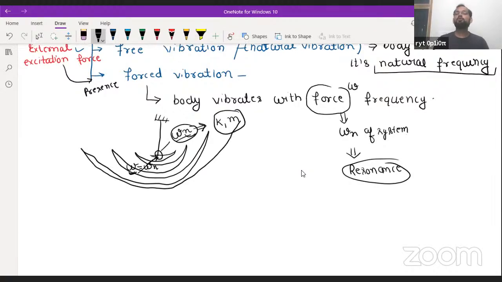So it depends on two parameters, stiffness and mass. By these two terms we can easily calculate the natural frequency. So if we know the natural frequency of our system, then we will try that a certain building, certain system, certain pillar is not subjected to that much frequency. Fine. So this is all about the resonance.